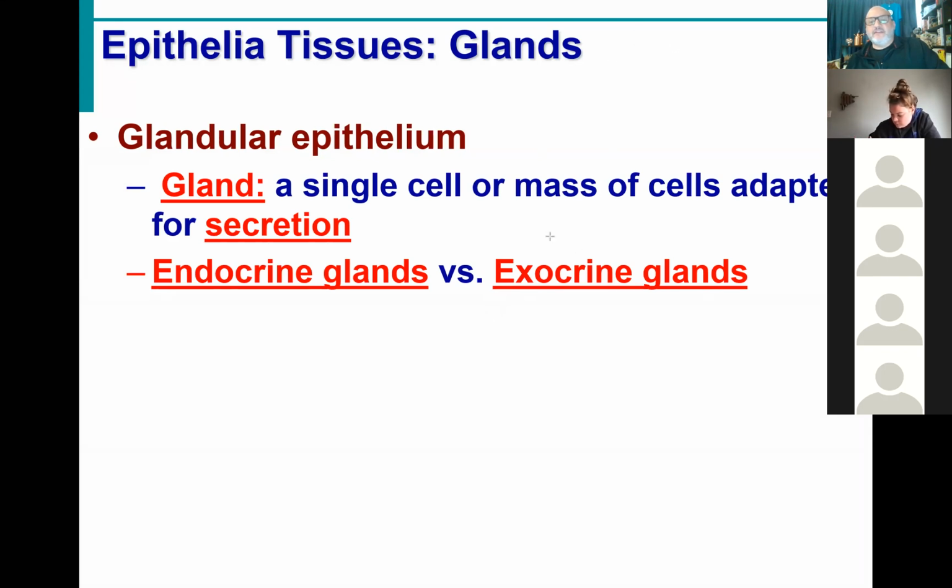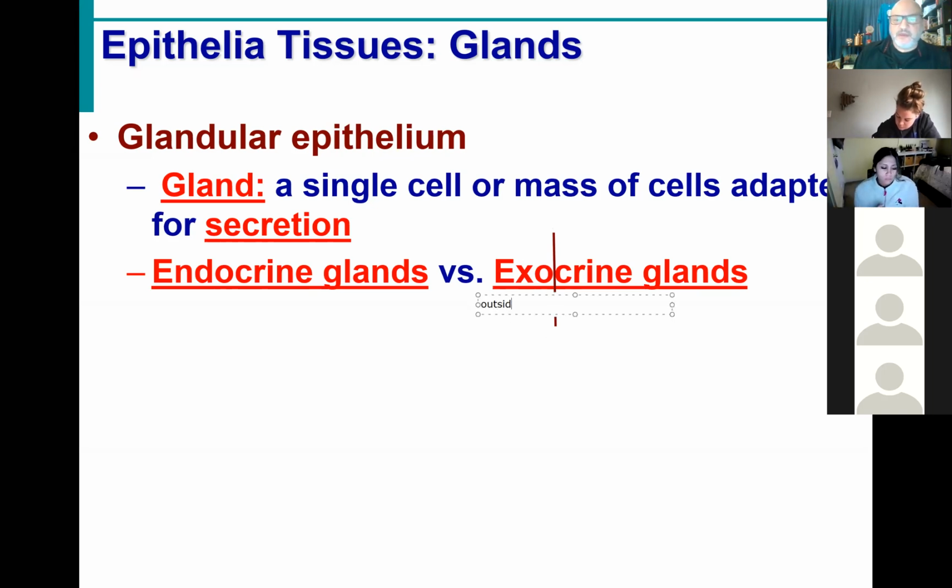So let's define them, all right? What do we mean by exocrine? What does exo refer to? Out. Yeah, outside. Anyone know what crine refers to? Close, not quite ducts, but it refers to secrete.